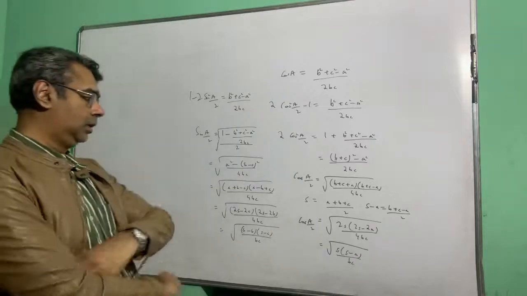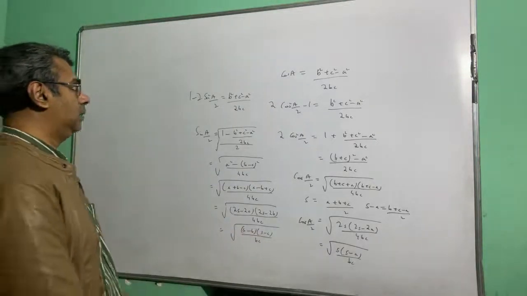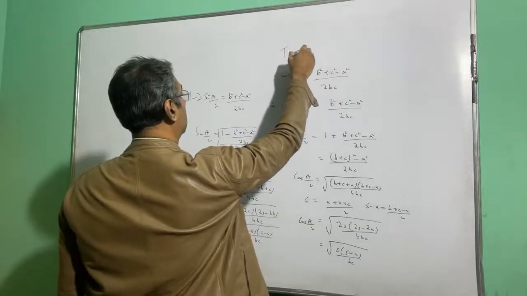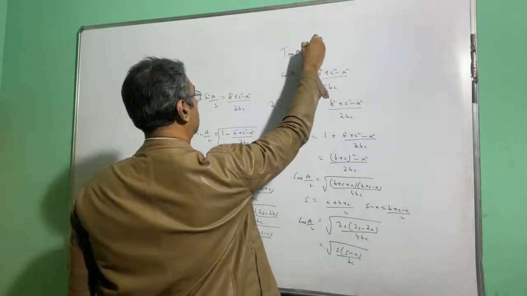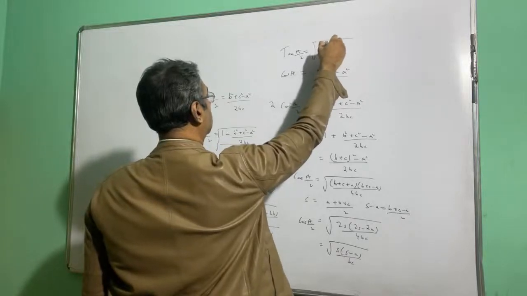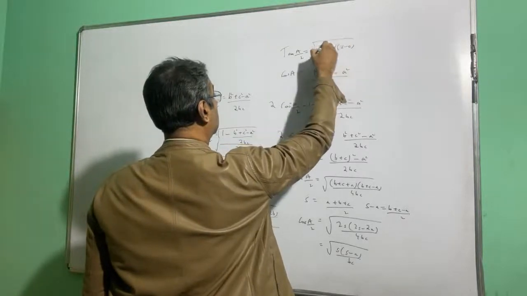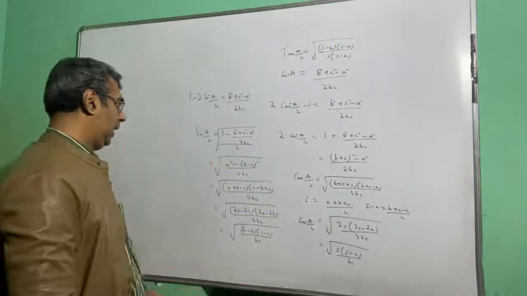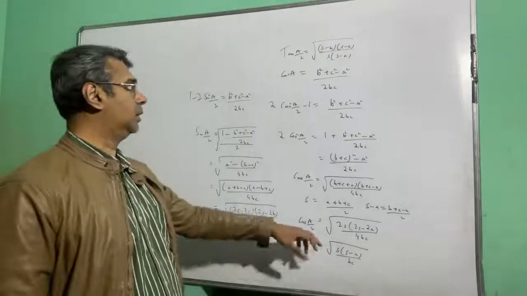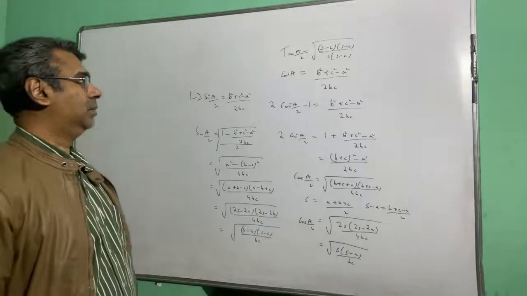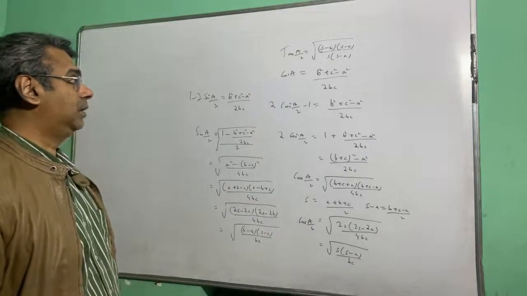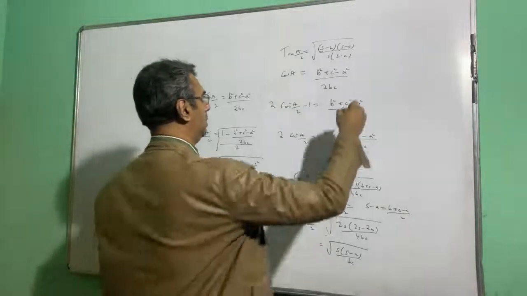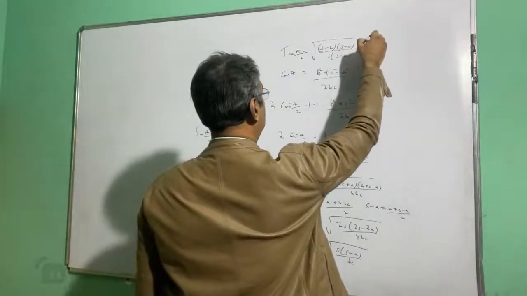So we have got cos A/2, we have got sin A/2. So obviously if I want tan A/2, I just have to divide them. I know sin A/2, I know cos A/2, so if I want tan A/2, I just have to divide them. So tan A/2 is root over (s minus b) into (s minus c) by s into (s minus a).